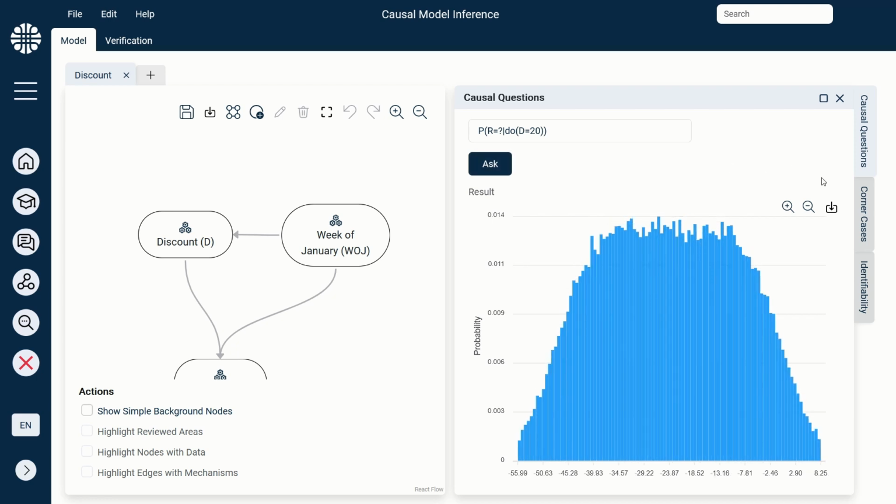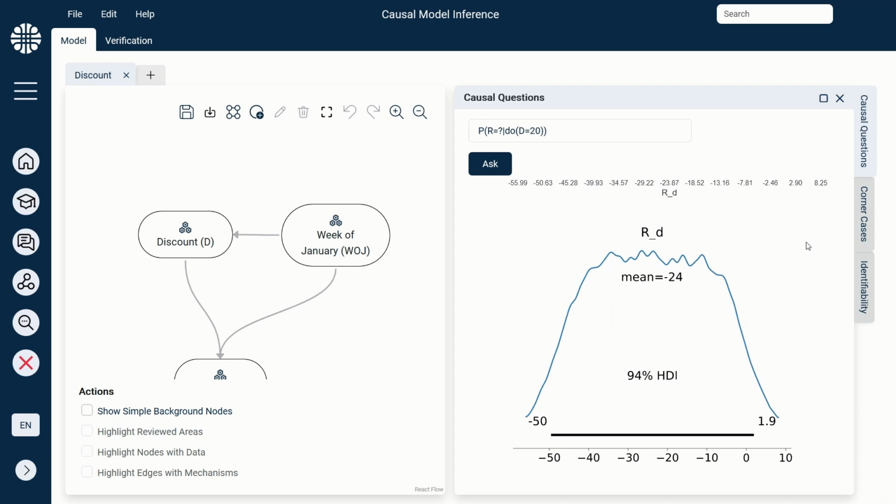And the result is very striking. Revenue decreases significantly. If we intervene by setting the discount to 0, we see that the revenue is much higher. So if we consider causality rather than correlation, we should tell our retailer that giving discounts reduces his revenue.